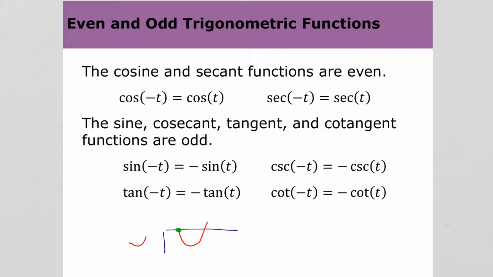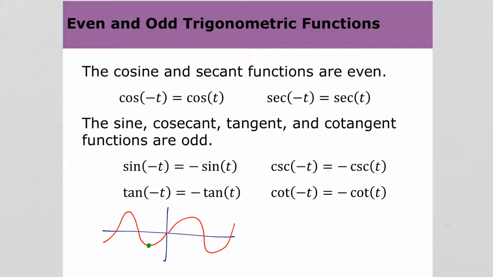Okay? Sine looks like this. Not exactly, of course. So if you've got here negative pi is 0. Here, that's not a very good example. I shouldn't have used 0.